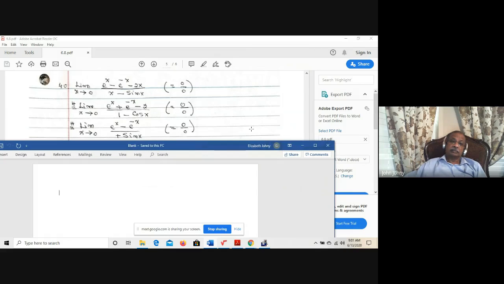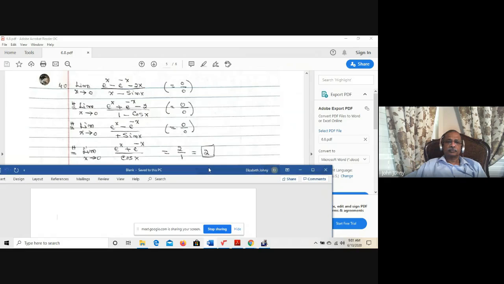Differentiate once again. e to the x minus e to the negative x divided by sin x, and substitute x is equal to 0, e to the 0 minus e to the negative 0, that is 1 minus 1, 0, divided by sin 0, that is 0 over 0 again.